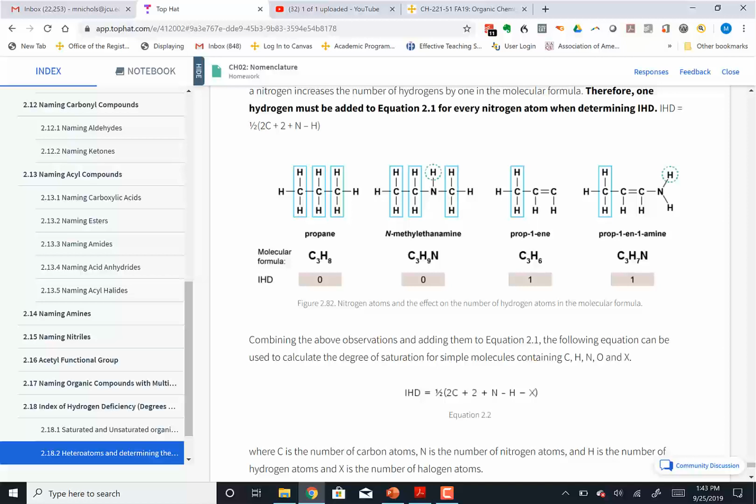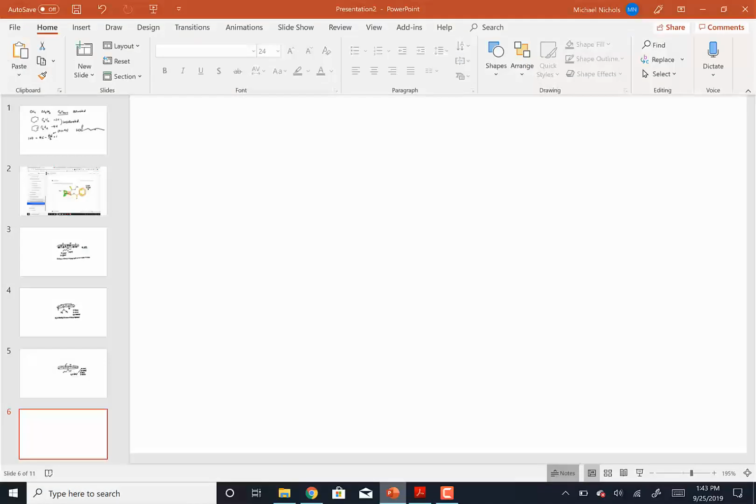Rings and double bonds. Sure. You want a bicyclic ring or just a regular ring?